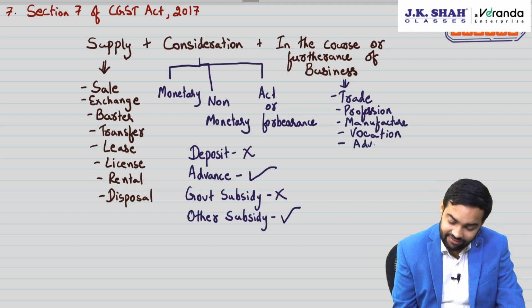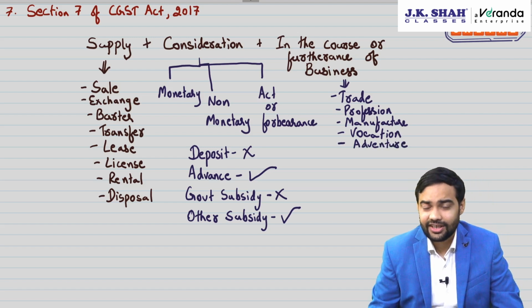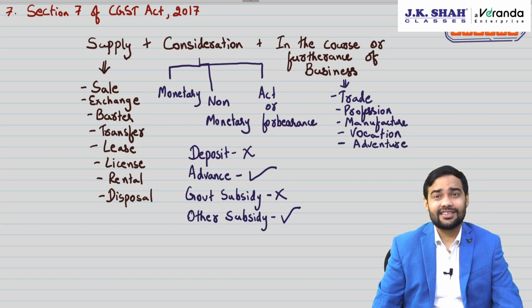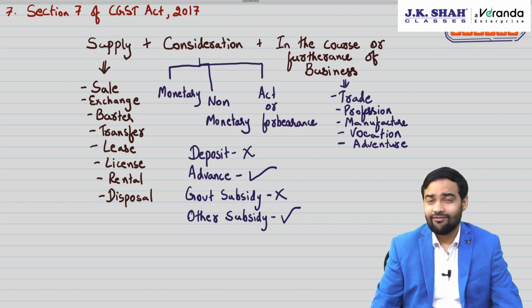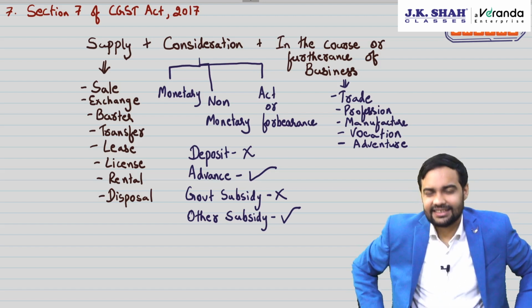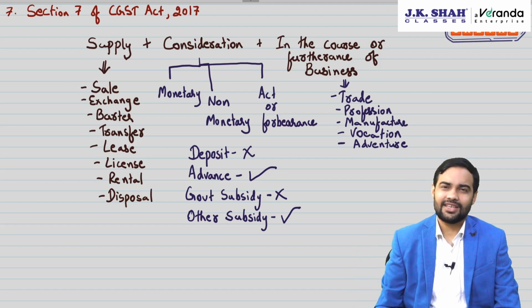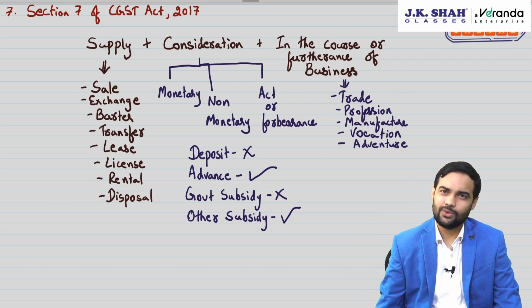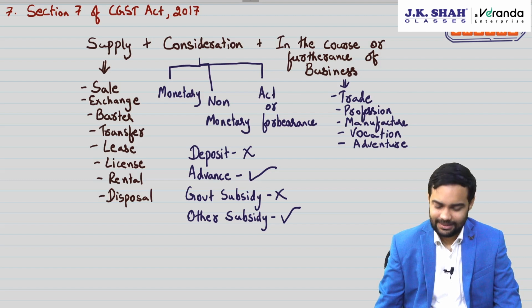It covers adventure in the nature of trade, and it says whether or not there is any frequency, continuity, it doesn't matter, and it doesn't matter whether it is for a profit motive or not. Very, very wide. But suppose a person is selling his personal asset, then there is a CBIC FAQ saying that sale of personal assets will not be liable to GST even if it is sale of some old jewelry which was with him.